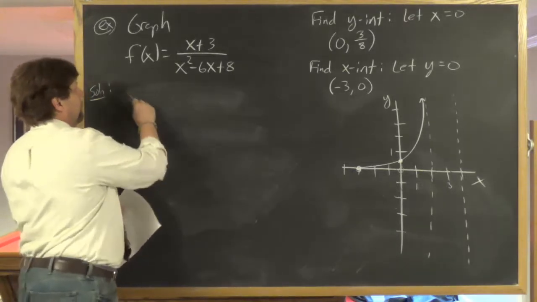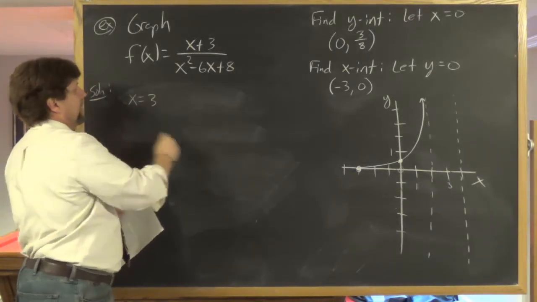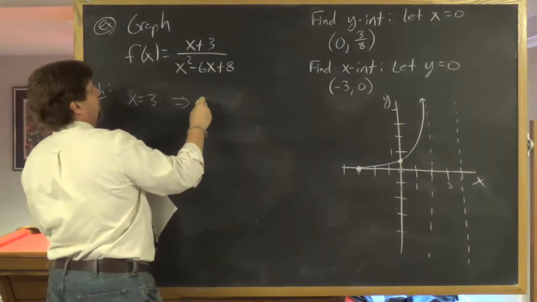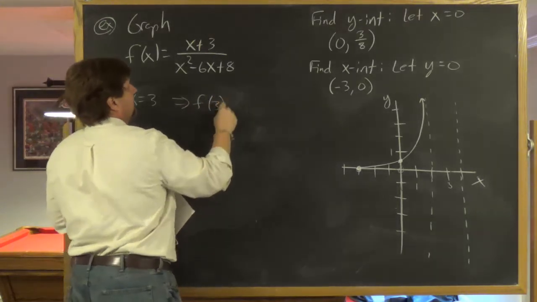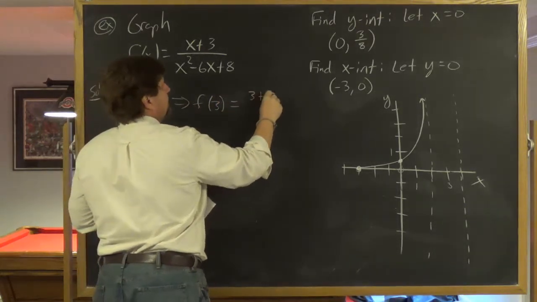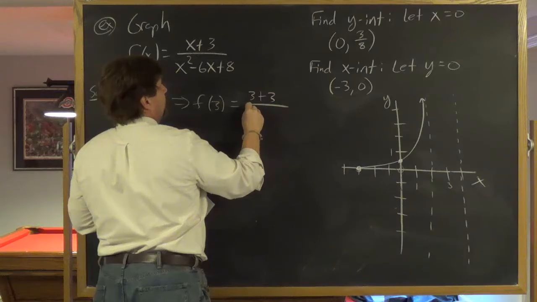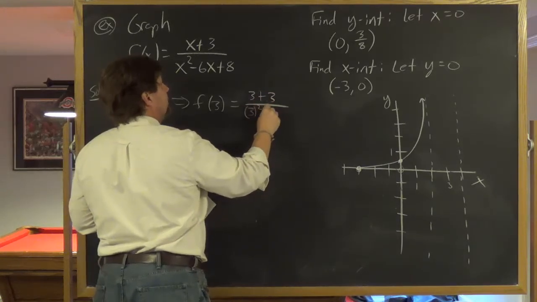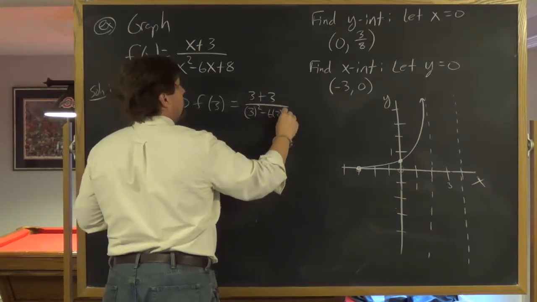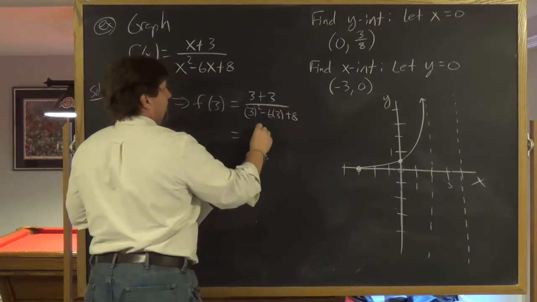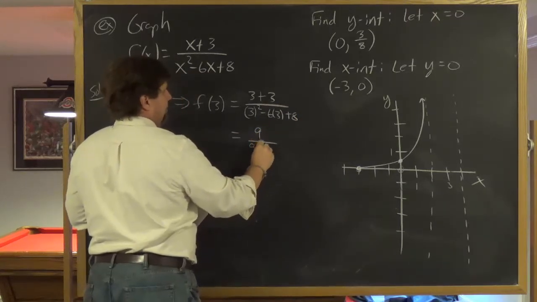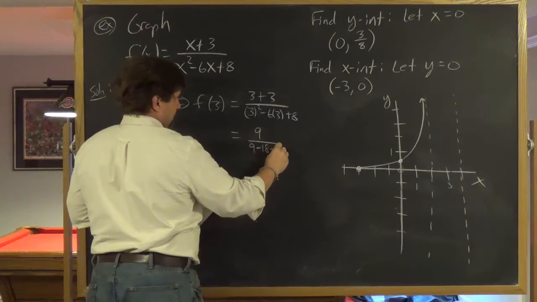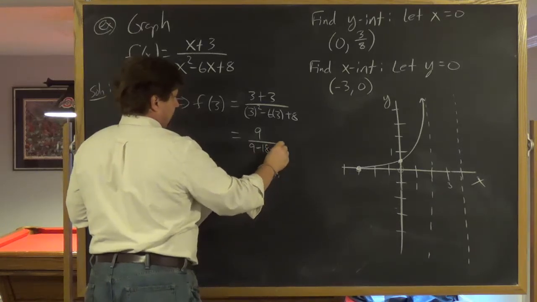So if x is 3, let's see, that will give us a 3 plus a 3 over a 3 squared minus 6 times 3 plus 8. So that's a 9 over 9 minus 18 plus 8.